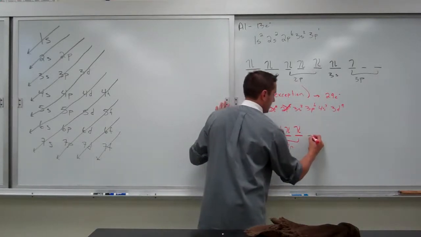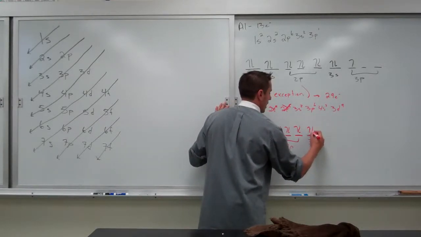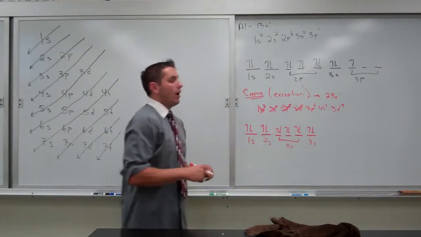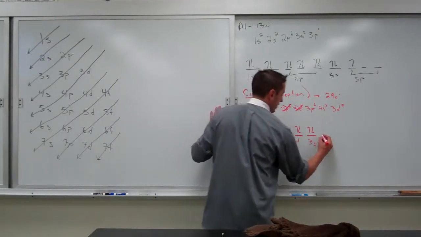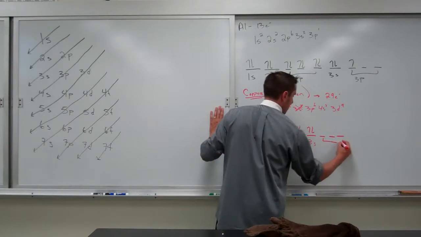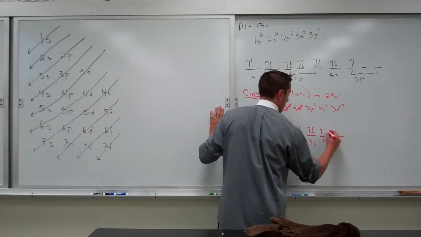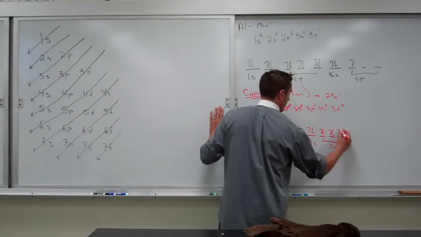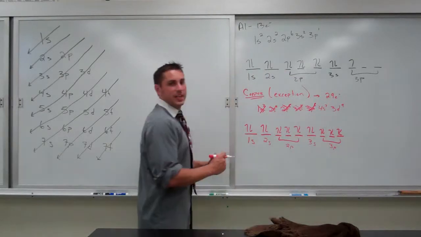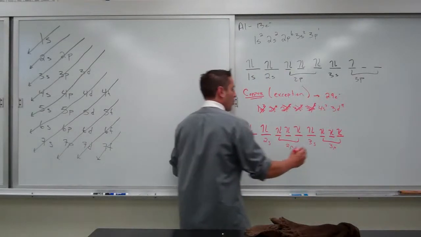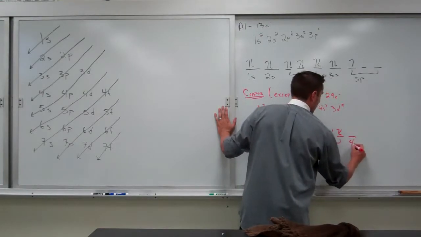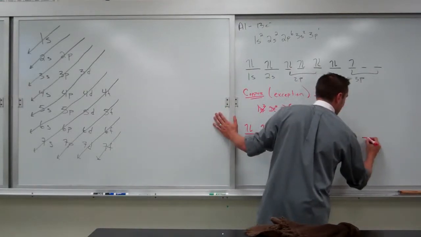I see an s, just gets 1, up and a down. Again, a p, it gets 3, up, up, up, down, down, down. 4s has 1 and a d has 5.